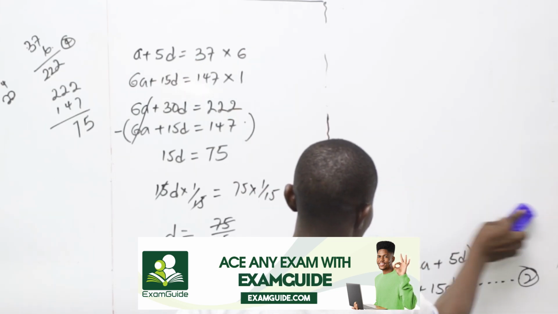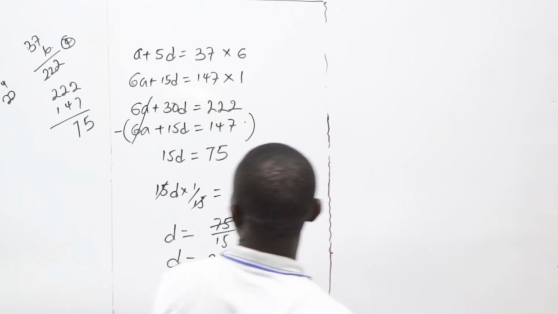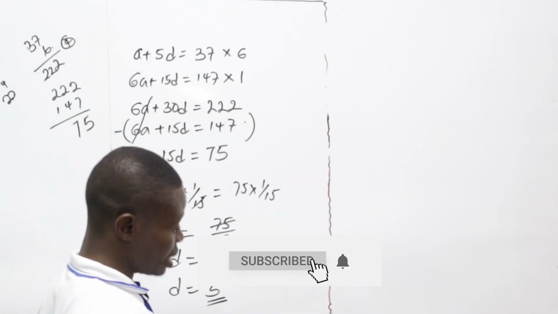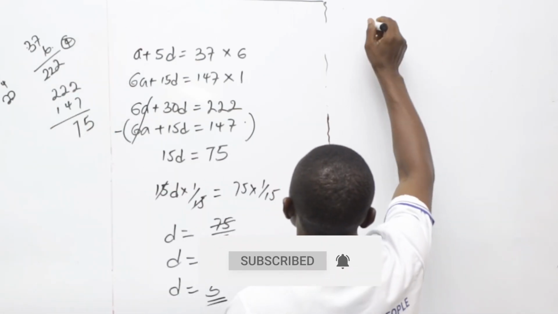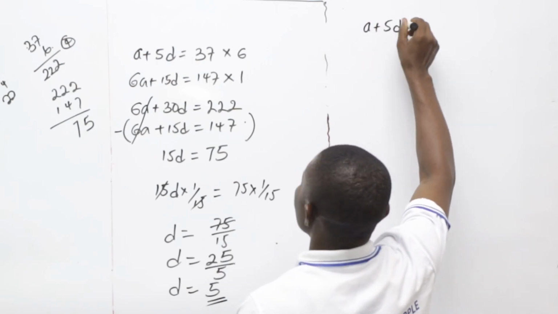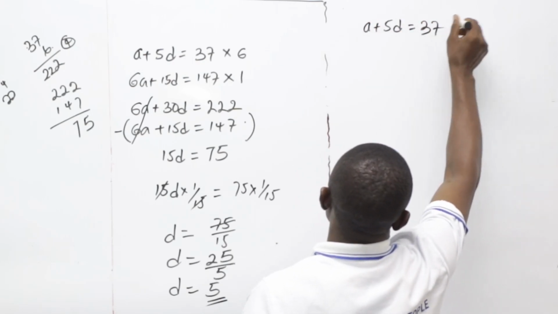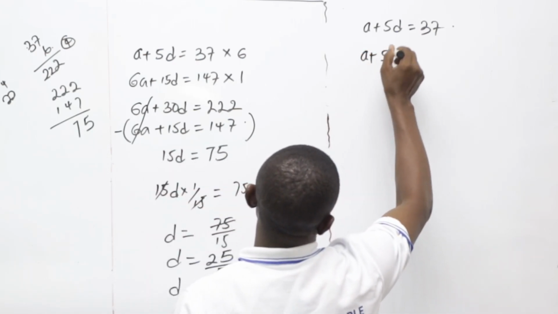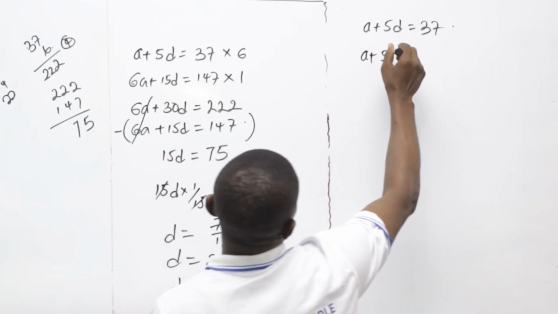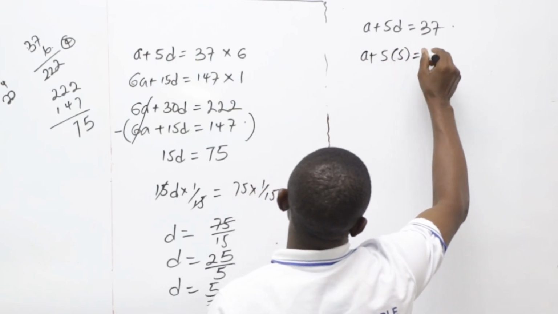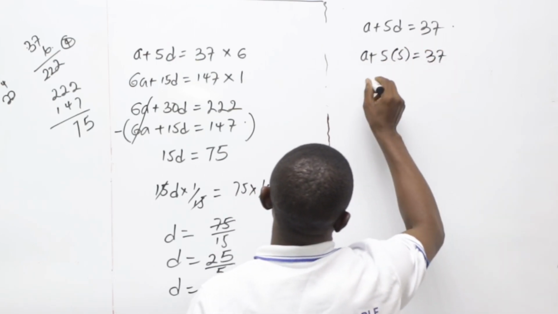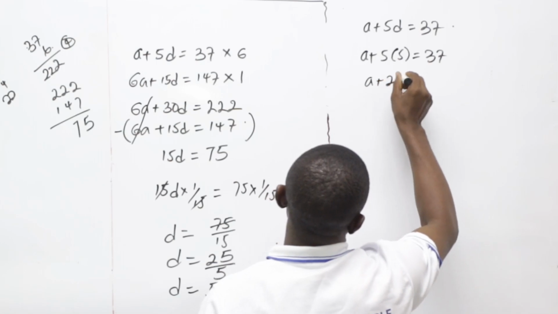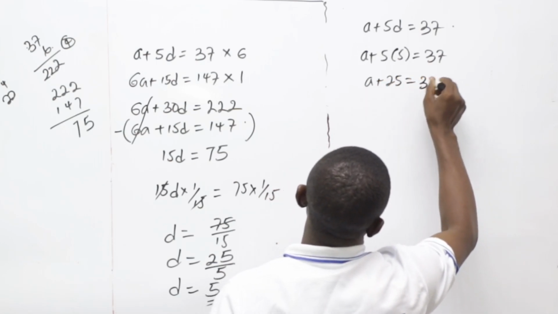To solve for A, recall we have equation 1, which was in this form: A plus 5D equals 37. Then, A plus 5D, what is D? 5. So A plus 25 will be equal to 37.